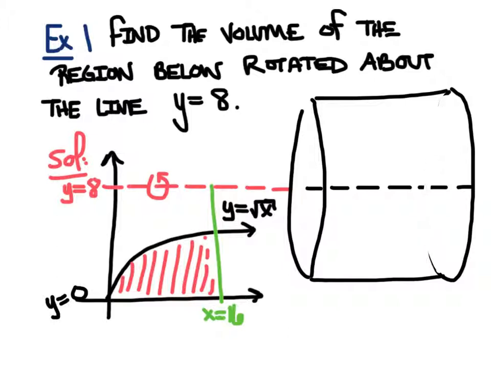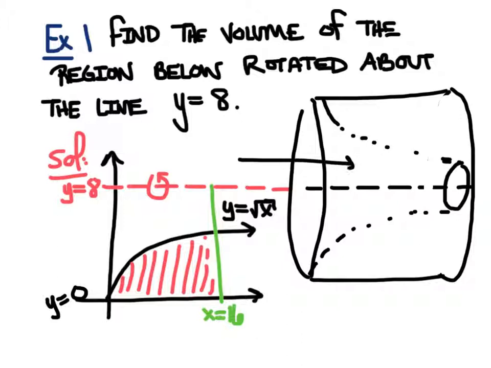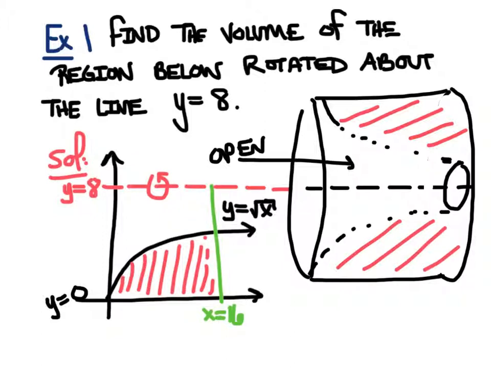Inside of this object, when we spin it, we're going to have a large opening with a cylindrical cutout on the inside. So all of this in here is open, and the rest is a solid figure on the inside of this cylinder.